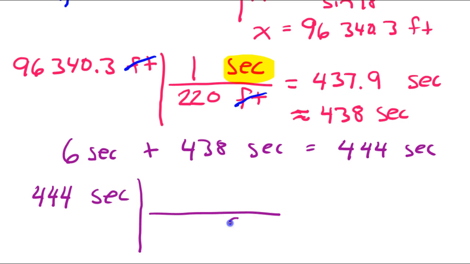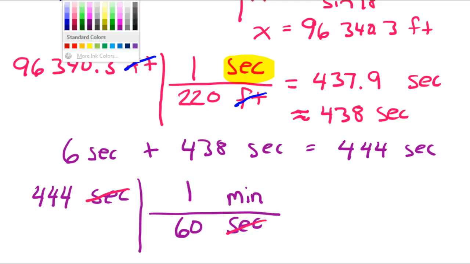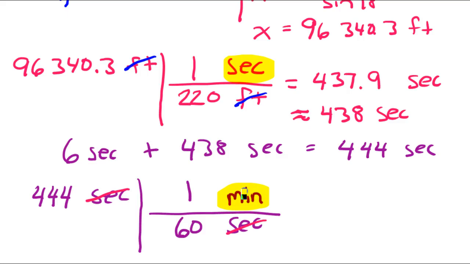I want to get rid of seconds, so I'm going to put seconds on the bottom and minutes on the top, because I want that to be left. Every 1 minute is equal to 60 seconds, so my units of seconds will cancel out and my only surviving unit is minutes.